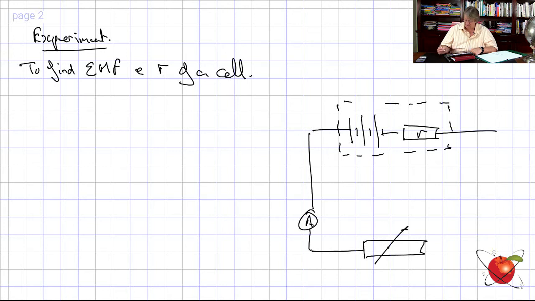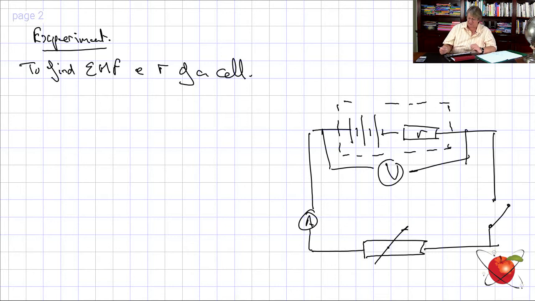Then I put in line a switch, mainly for safety's sake. And then I put my voltmeter across here like that. This could also be something that looked like that.